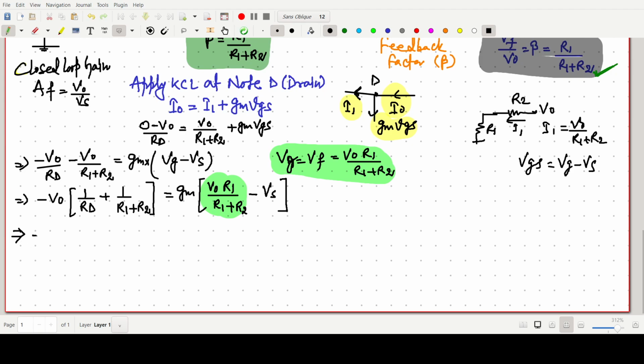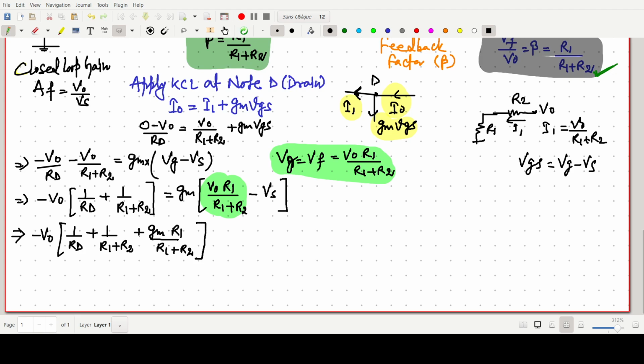If I take minus V naught common, we can write 1 by RD plus 1 by R1 plus R2, and then minus gm R1 by R1 plus R2.